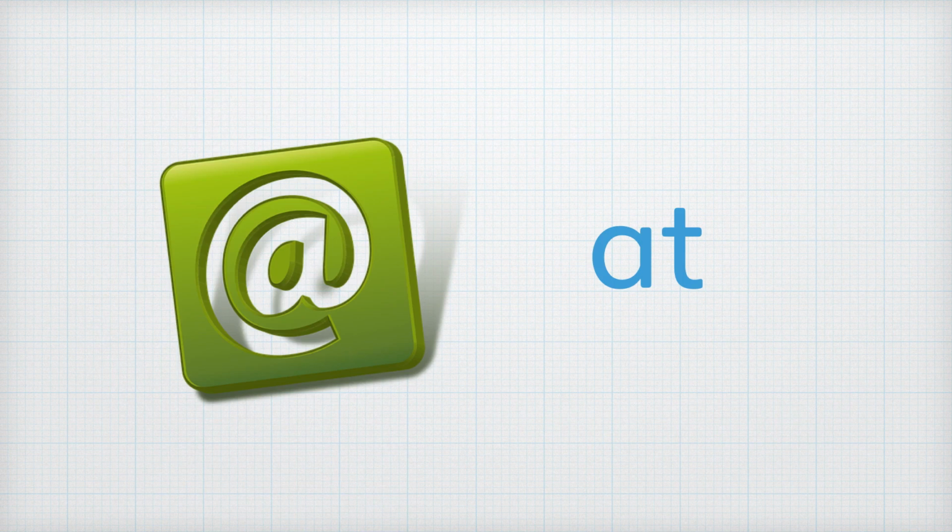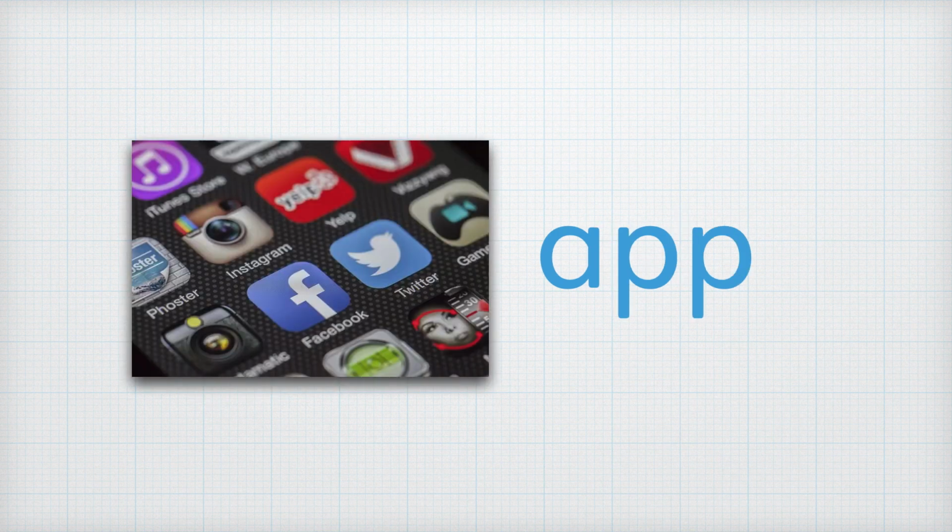Sometimes you have just a 2-letter word, but with that consonant at the end. This one is at, like with an email address, at. App. Sometimes we have double letters.